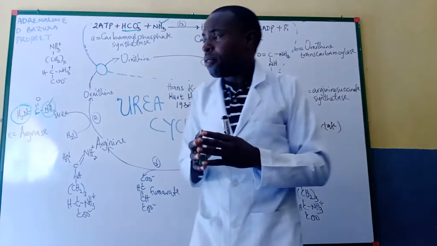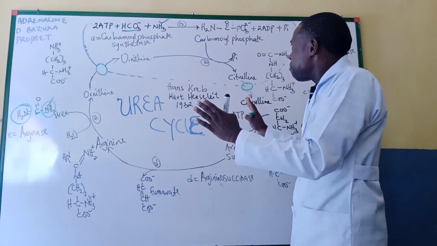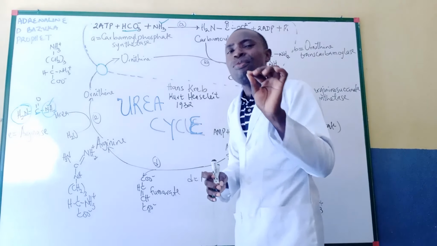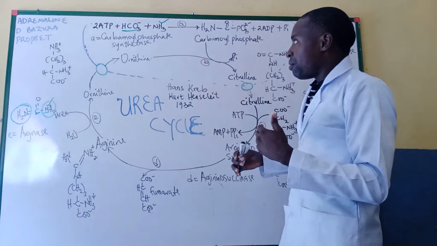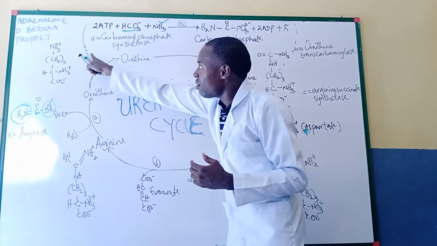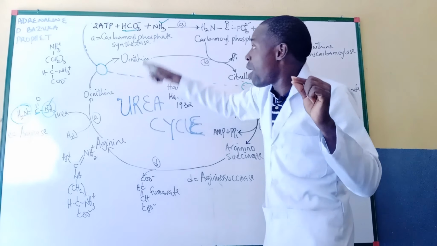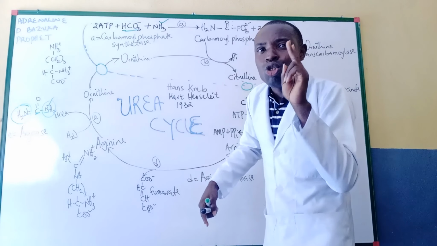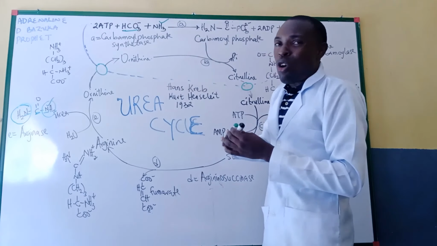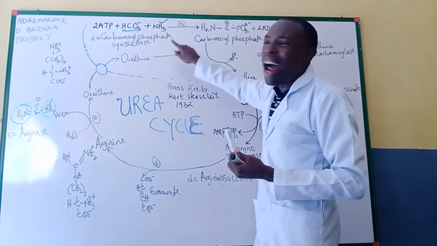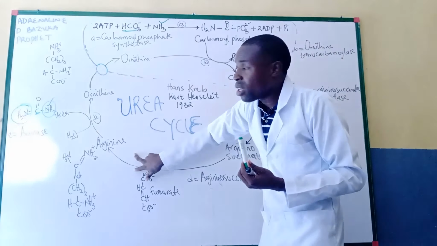Now we move straight away. In this pathway that you are seeing here, you will understand some basic facts about it. If you observe, this pathway occurs in 2 parts of a cell: in the mitochondria and again in the cytosol.